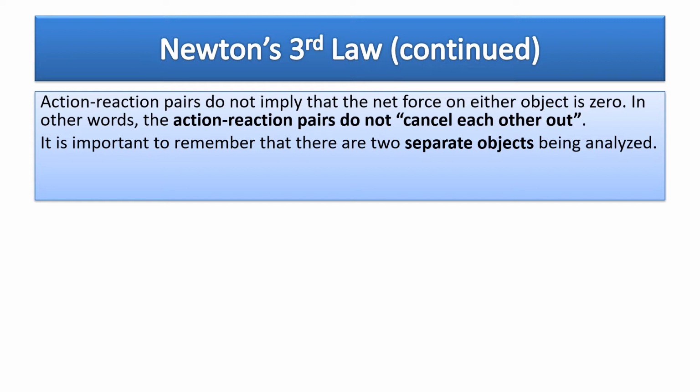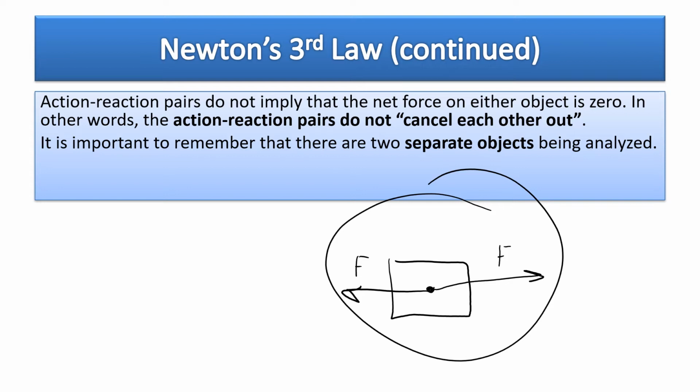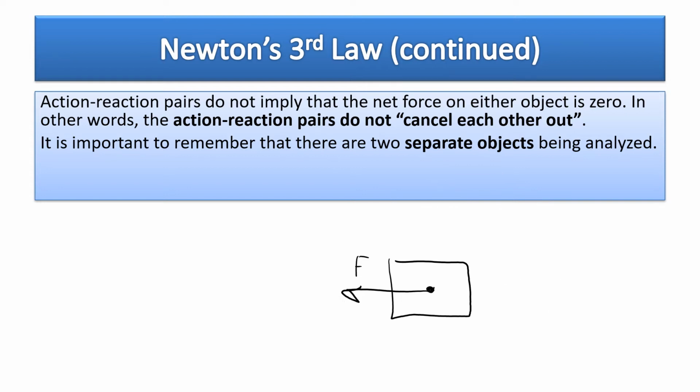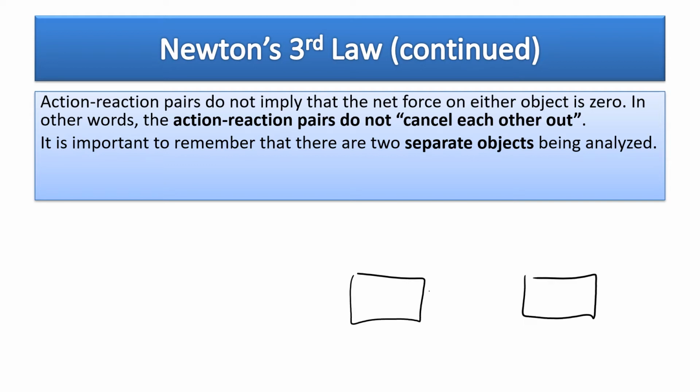So you cannot just draw a box in your free body diagram and say, okay, action and then reaction. How many objects do you have right there? Only one. No, you need to show an object exerting a force on another separate object, and then you do those free body diagrams separately.